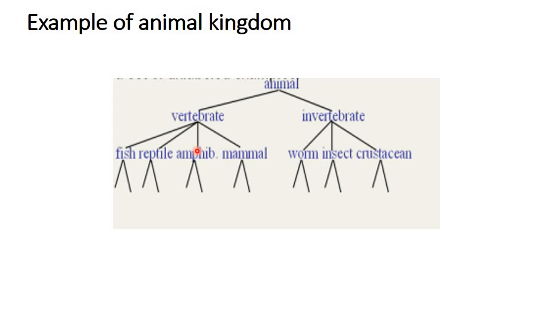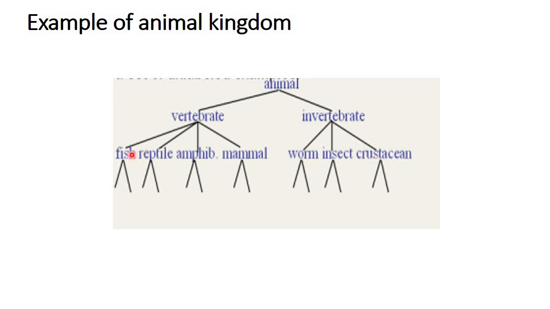Now, a real-time example of hierarchical clustering is the animal kingdom. If I consider various fishes, reptiles, amphibians, mammals, worms, insects, and crustaceans, then all of these form the individual data objects. All of the fishes will have common characteristics, and that's why they form a cluster. All of the reptiles will have common characteristics, and that's why they form a cluster of reptiles. Similarly with the other animals.